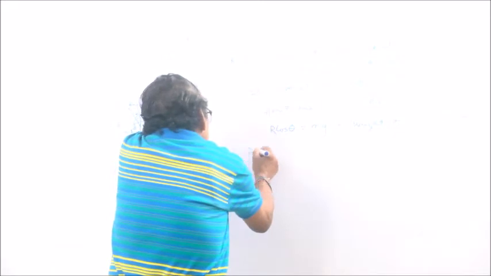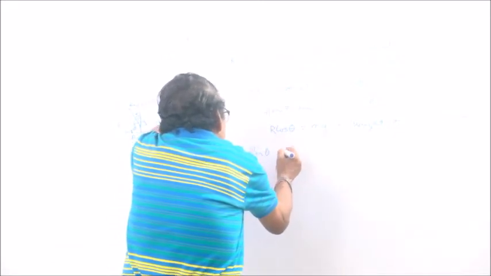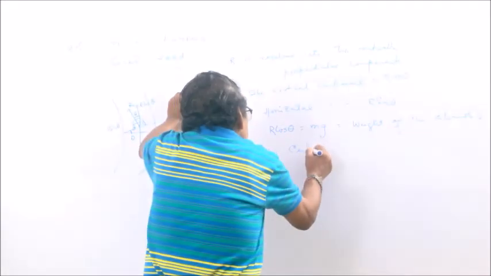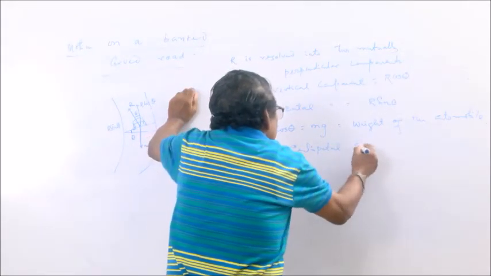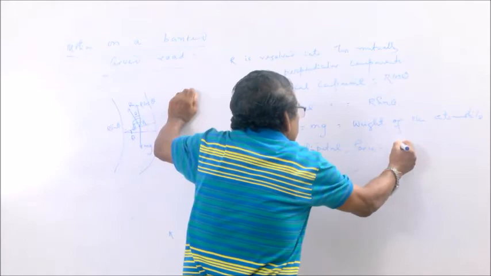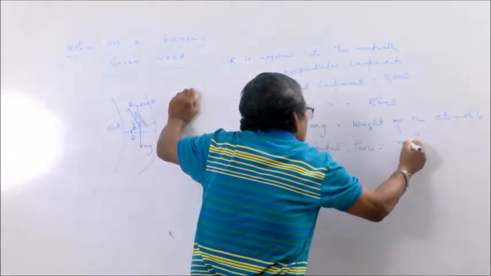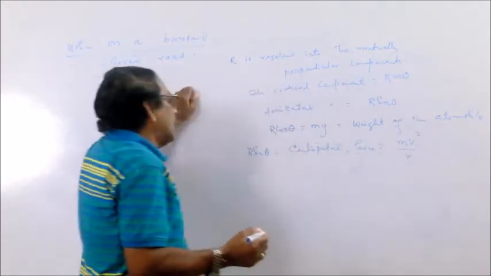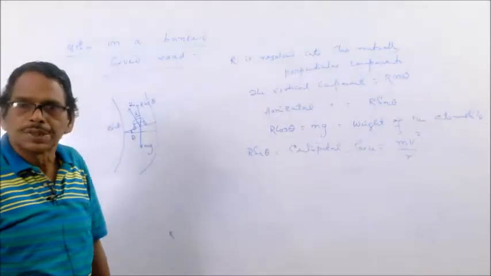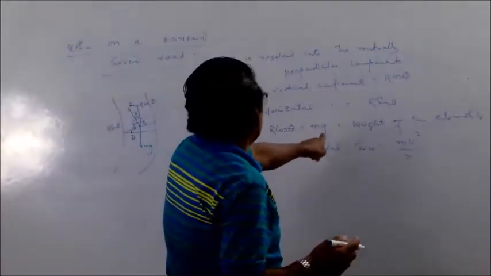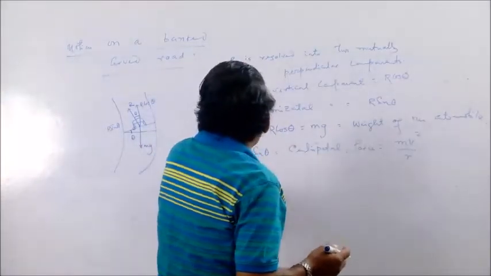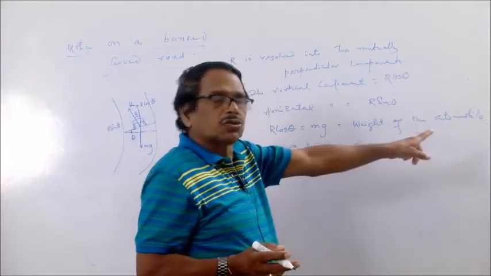R sin theta is equal to the centripetal force, that is mv square by r. So, R cos theta is equal to mg, and R sin theta is mv square by r.